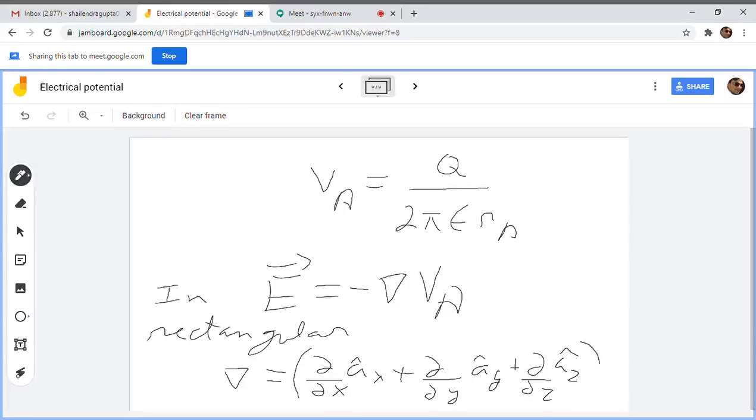Okay, this is the gradient formula, and you will have this gradient formula in the cylindrical and spherical coordinate systems as well. They will be defined there too.